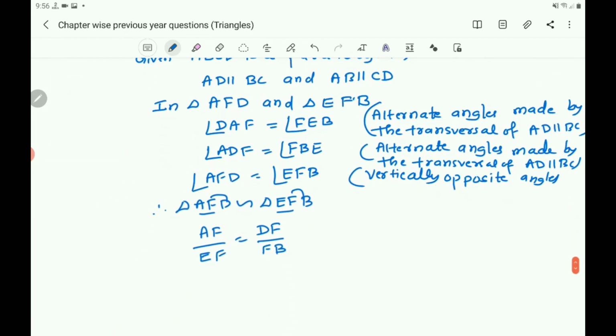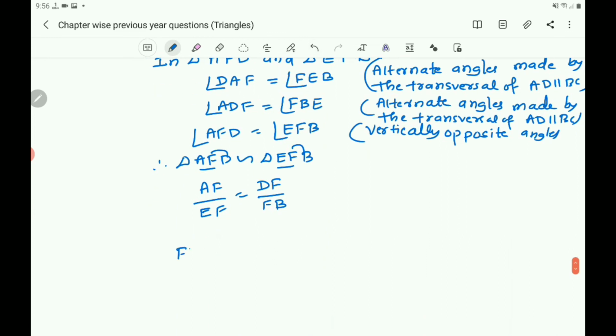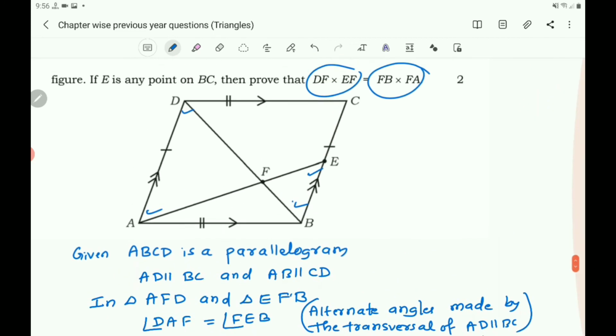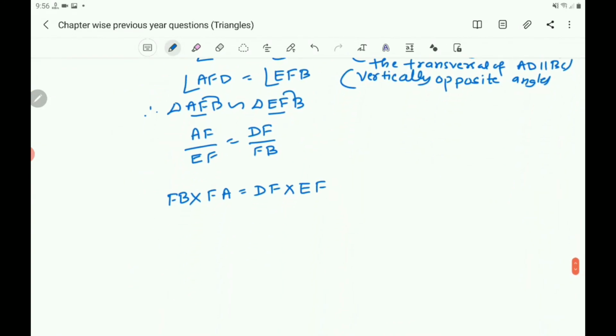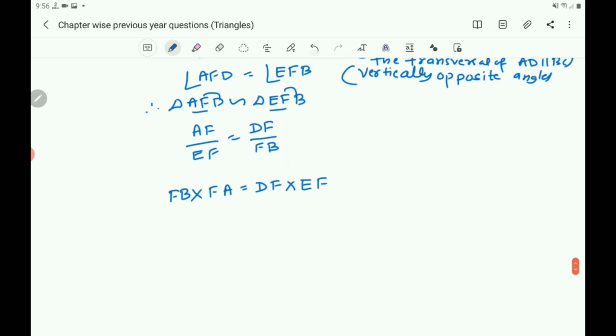That is FB into FA is equal to DF into EF. So you write this in the LHS and that in the RHS.